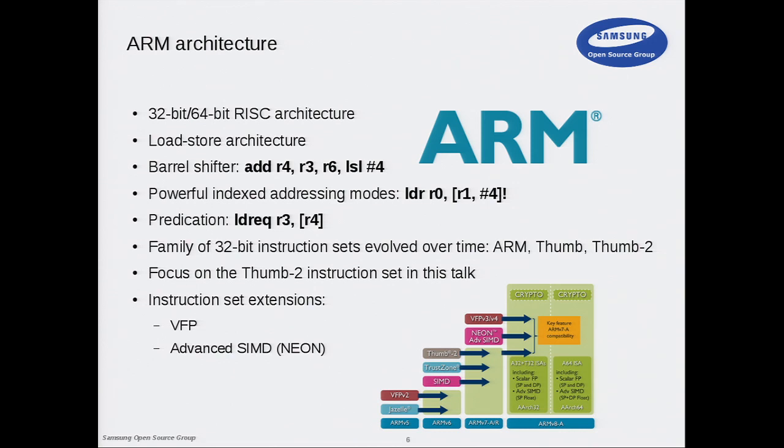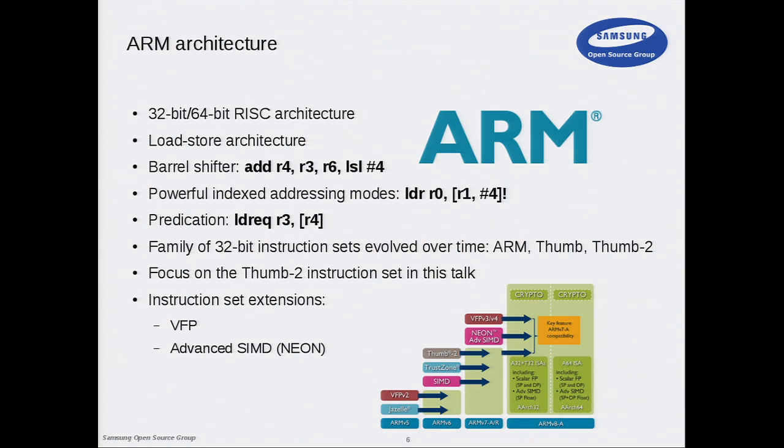Thumb2 is a variable length instruction set, so instructions can be either 16 or 32-bit long. The focus here is on Thumb2, because if you target 32-bit ARM today, that's what you compile for. The base instruction set doesn't have any support for native floating point or vector instructions, and that's where we have VFP and Neon.